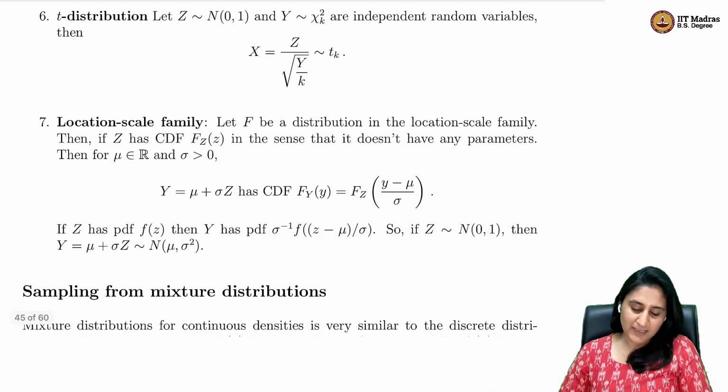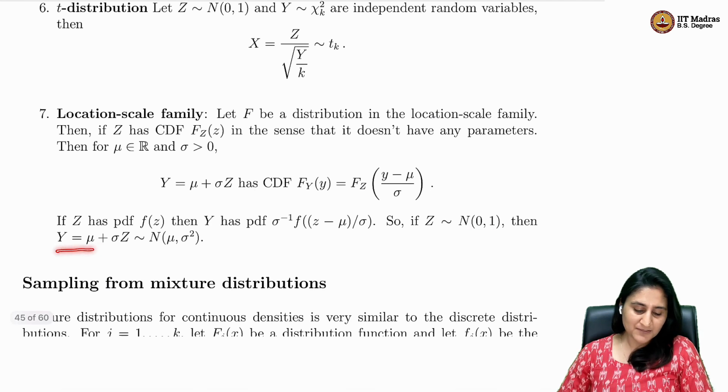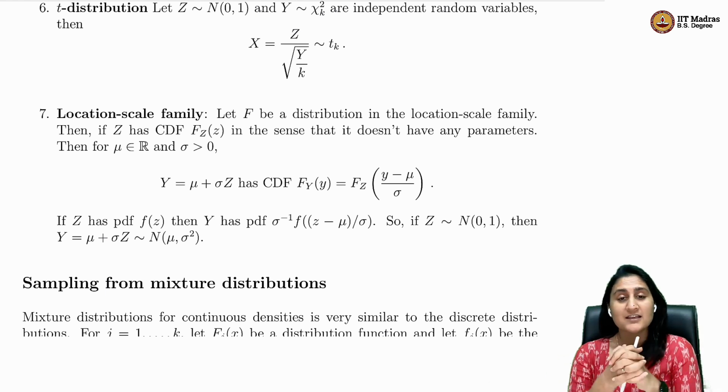Well, it's useful in the sense that if Z follows normal 0, 1, then Y equals mu plus sigma Z is going to follow normal mu, sigma squared. So we've learned many methods to generate standard normal random variables, but we've only learned the ratio of uniforms to generate any normal random variable.